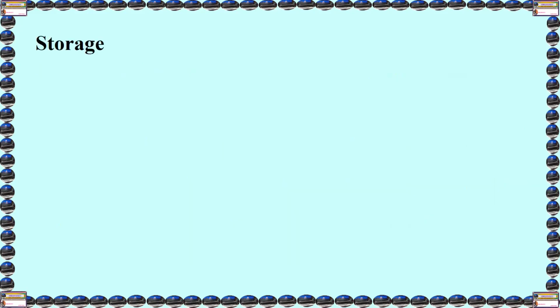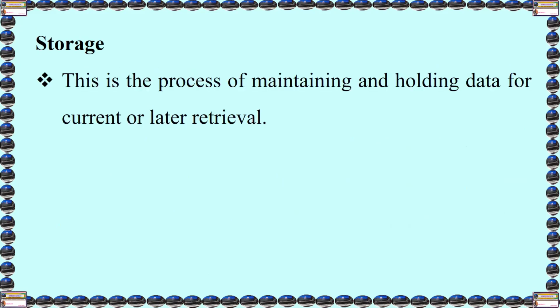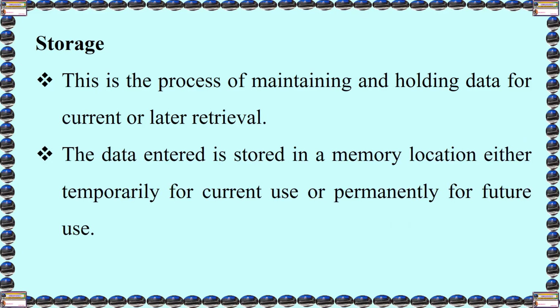What about storage? Storage is the process of maintaining and holding data for current or later retrieval. The data entered is stored in a memory location, either temporarily for current use or permanently for future use.